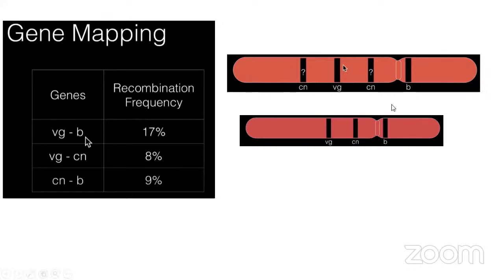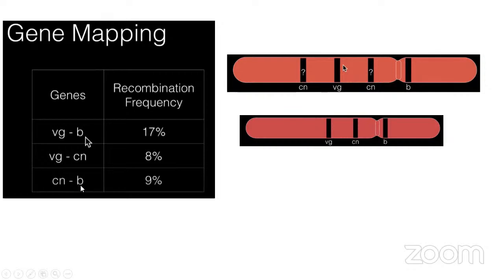The CN gene can be located either on the left-hand side of VG or on the right-hand side of VG.